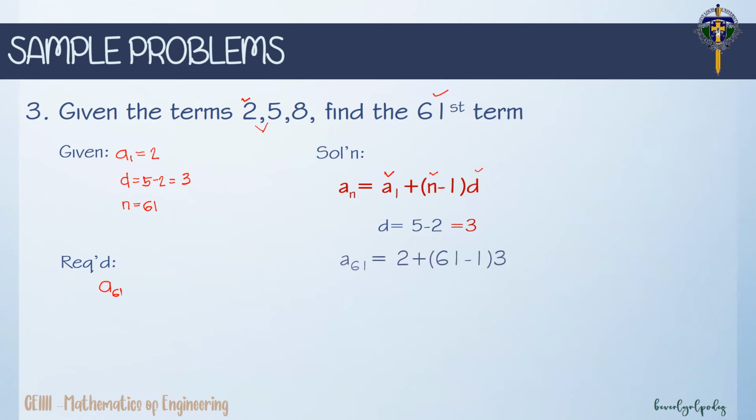So a61 is equal to the value of a1, which is 2, plus (n, which is 61, minus 1) multiplied by the common difference, which is 3. a61, or the 61st term, is 182, and this is now our answer.